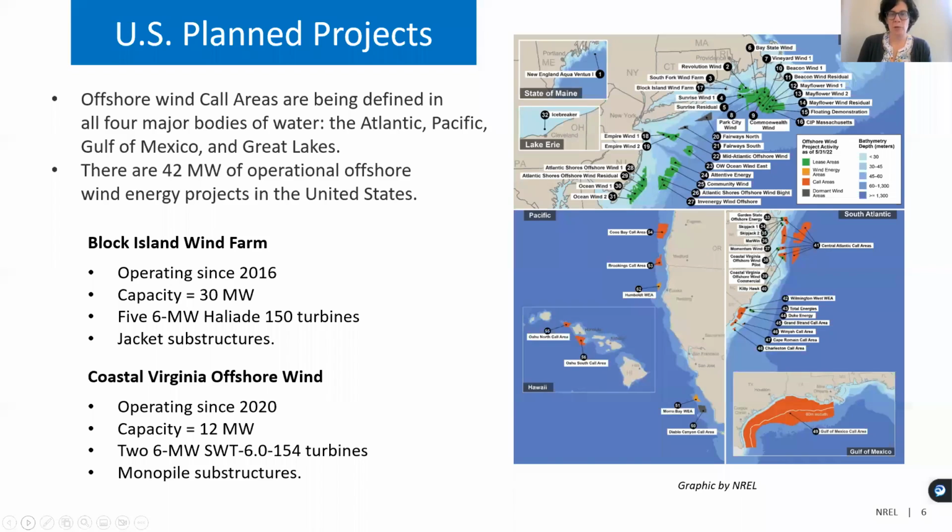And the Coastal Virginia Offshore Wind Project is only 2 turbines at this stage. They were the first 2 turbines deployed in federal waters. It has been operating since 2020, about 27 miles offshore. In both instances, the turbines are fixed to the ocean floor using 2 different types of substructures that we call a jacket and monopile structures.